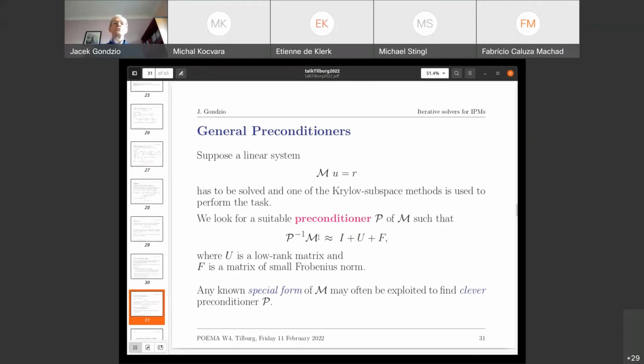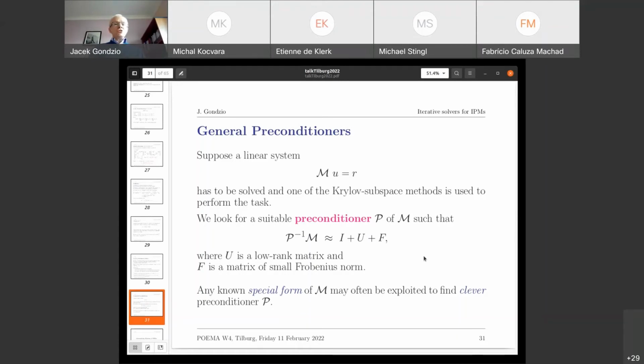If you manage to construct a preconditioner which satisfies these conditions, then a Krylov subspace method is very likely to give you a quick solution of the system by the appropriate preconditioned method. By quick solution, I mean the solution after not too many Krylov subspace iterations.